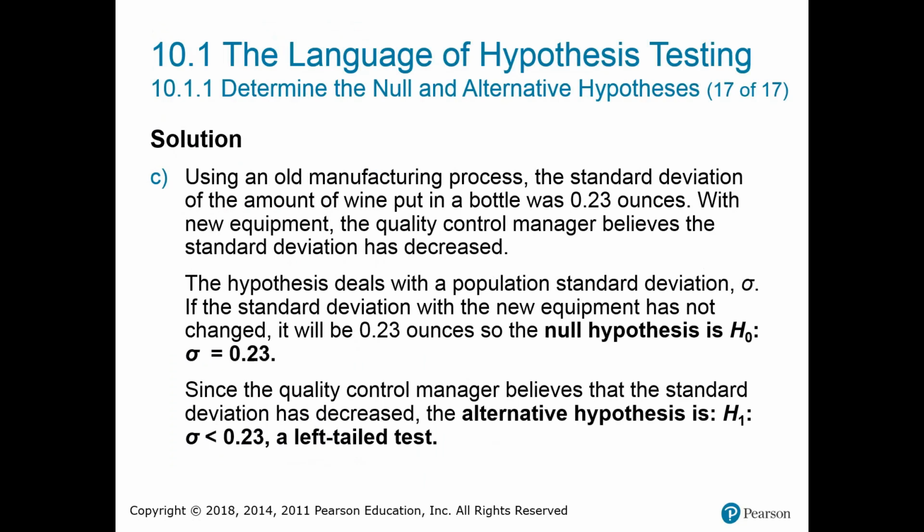The alternative would be that it's less than 0.23. Okay, when I see the less than sign, it looks like an arrow pointing to the left. We call that a left-tailed test. It means our possible standard deviation values will fall to the left of that standard deviation.